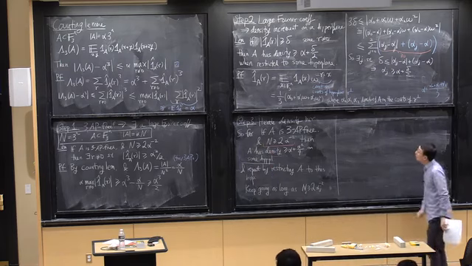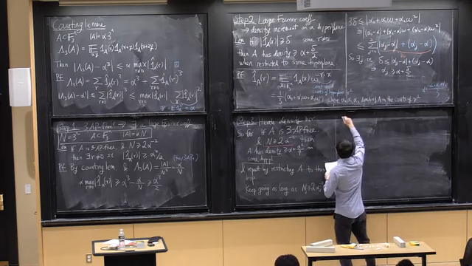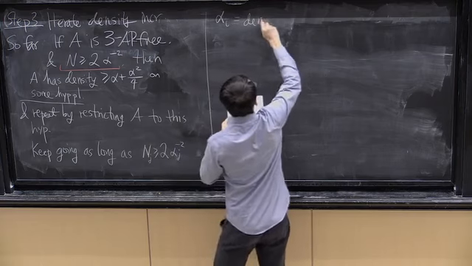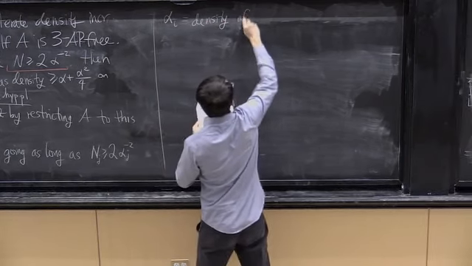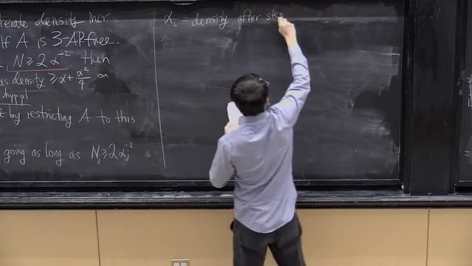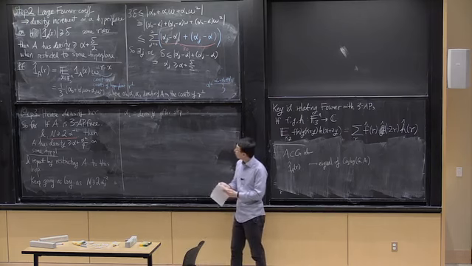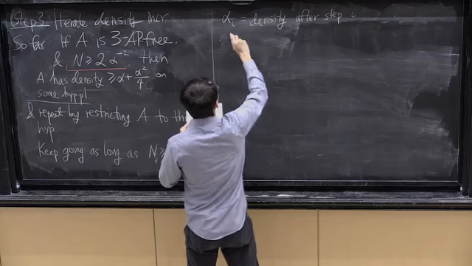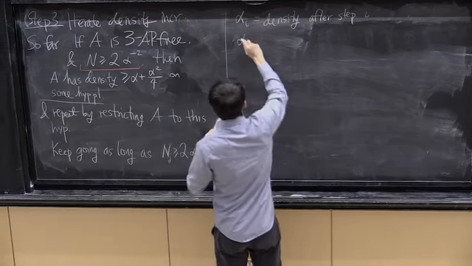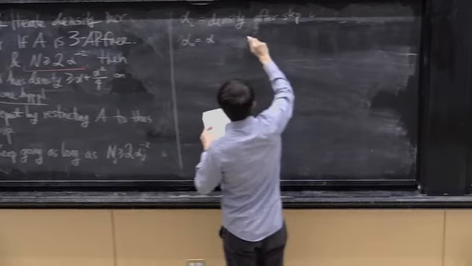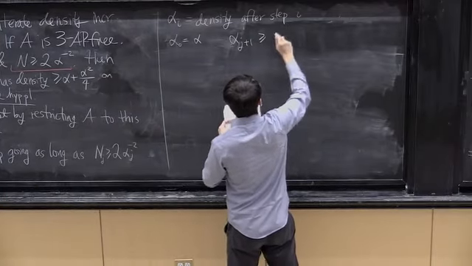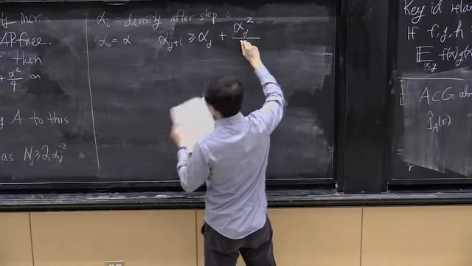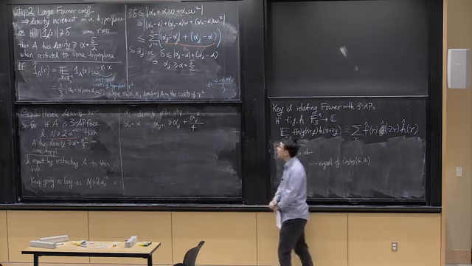So let's work this out. Let alpha i denote the density after step i in this iteration. And we see from over here that you start with density alpha, and each step you go up by some increment.